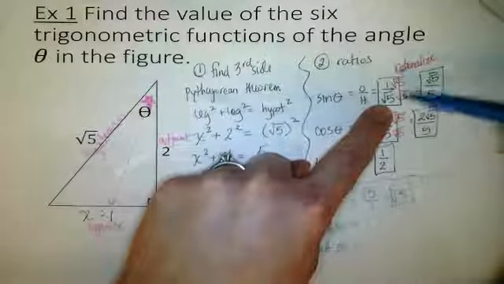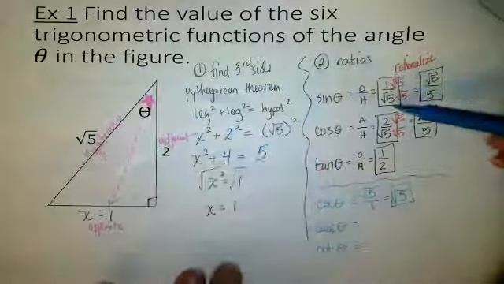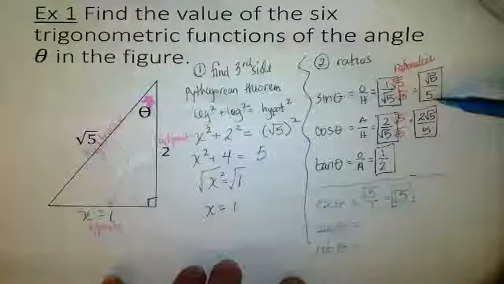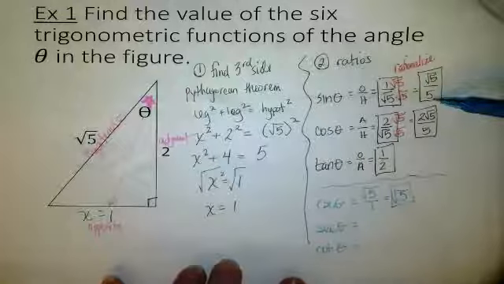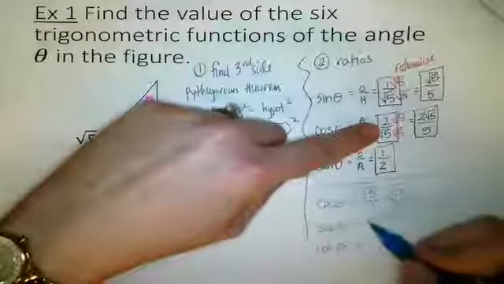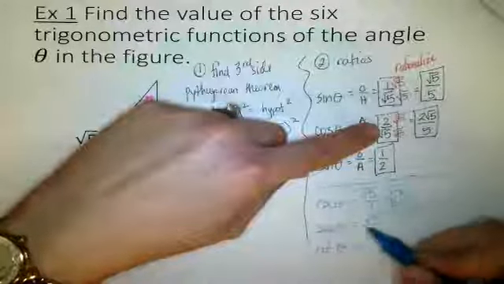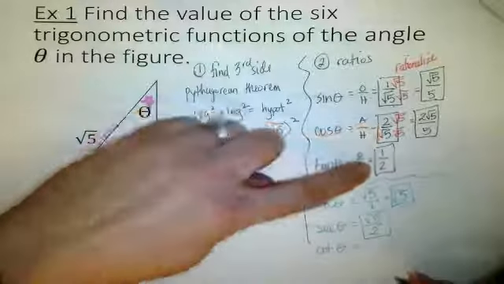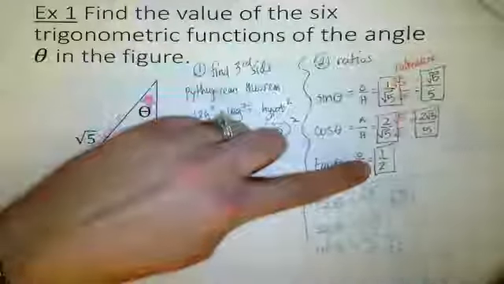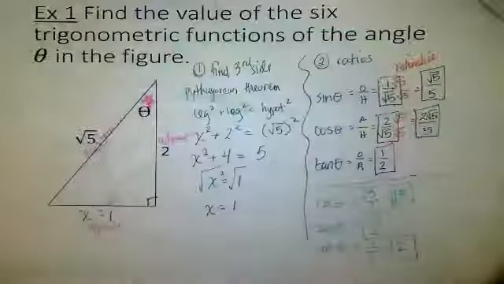You'll notice I used the original one here that we didn't rationalize. If I had flipped this one, I would have to rationalize and reduce. So I like the original ones. They're easier. Secant is going to be radical 5 over 2, the reciprocal of cosine. And cotangent is 2 over 1, which is just 2, the reciprocal of tangent.